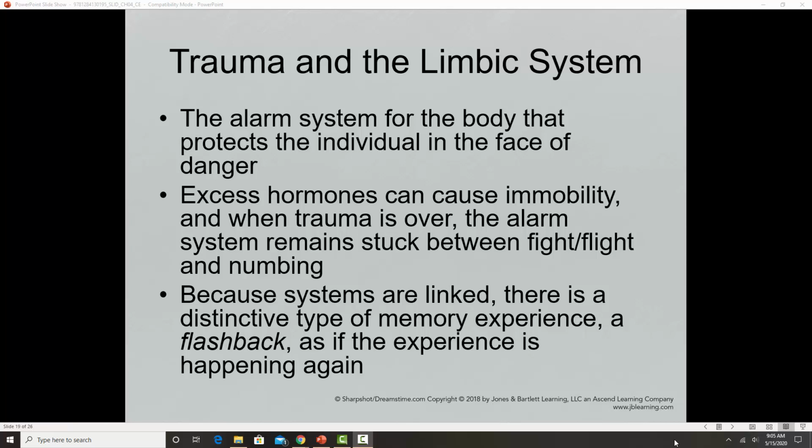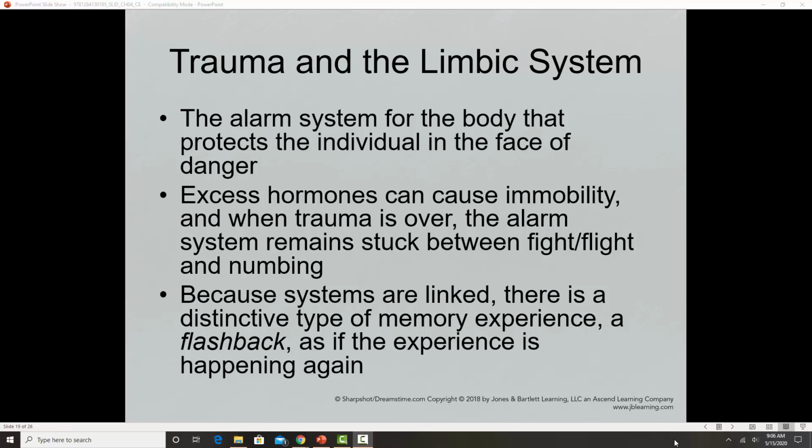Because all of these systems are linked, the limbic system, the autonomic nervous system, the excessive hormones, if you have something like PTSD and you have these flashbacks, it can cause all of these alarm systems to be activated again. So it can cause kind of this pattern, if you will, that will just keep activating and activating and activating, causing people stress over and over and over.